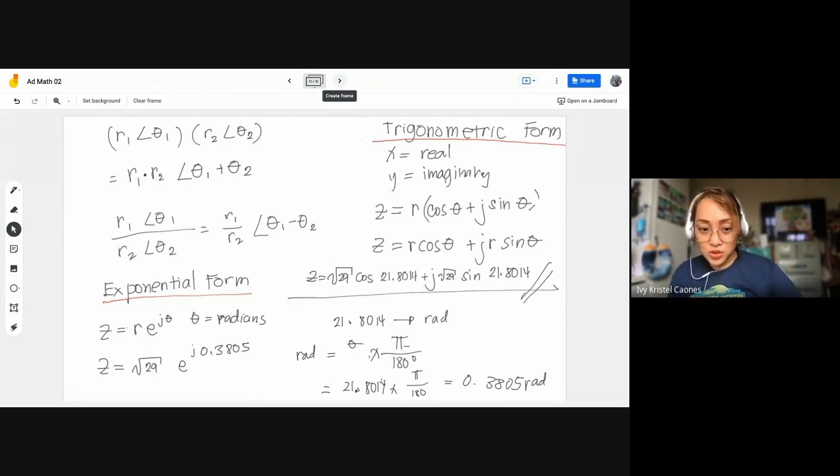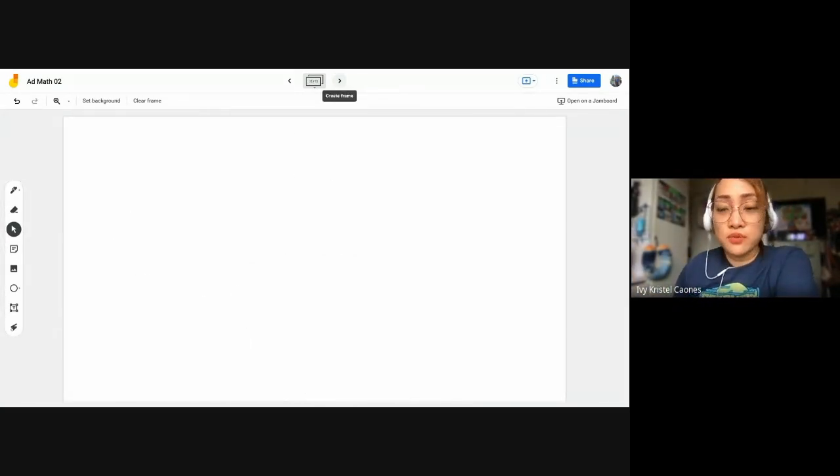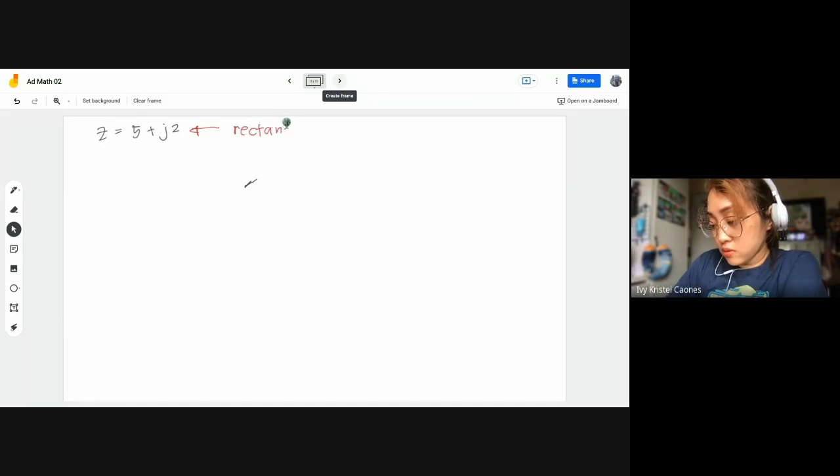Any questions? So, we summarize. We have different forms. If we have z equal to 5 plus j2, this is our complex number, and this is in rectangular form.